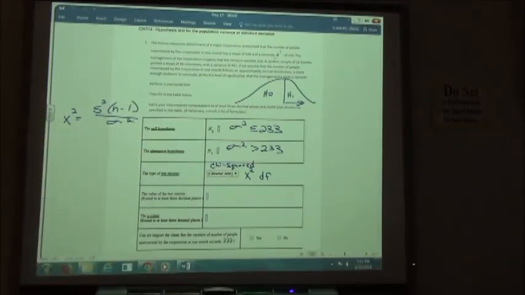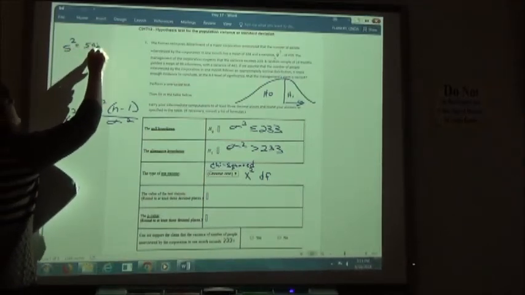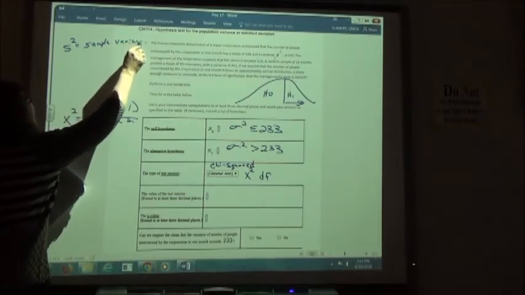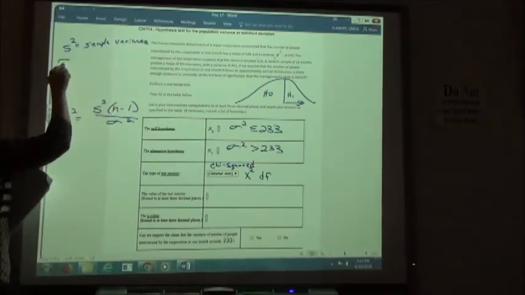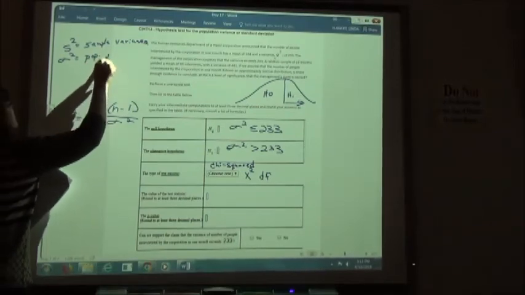So you have your sample standard deviation squared, or your variance of your sample, sample variance. And then you have the population variance.